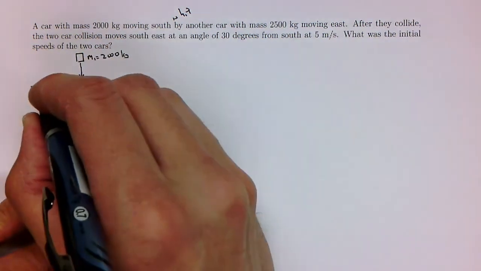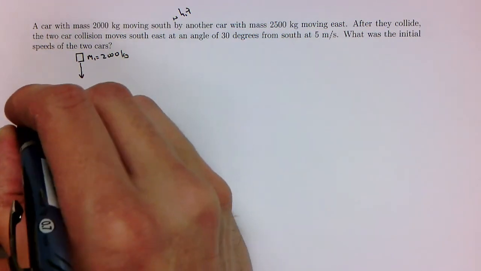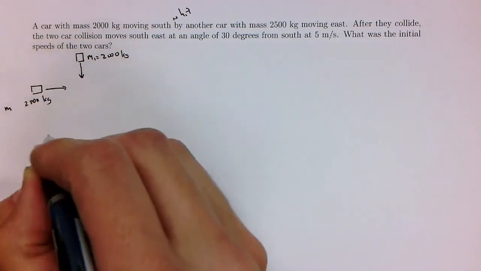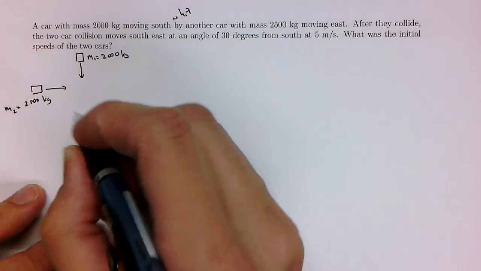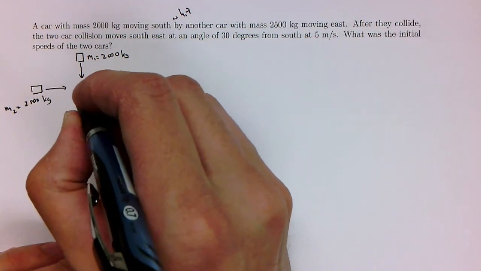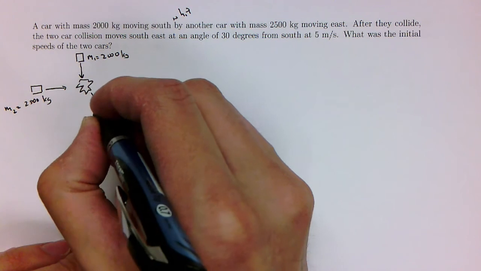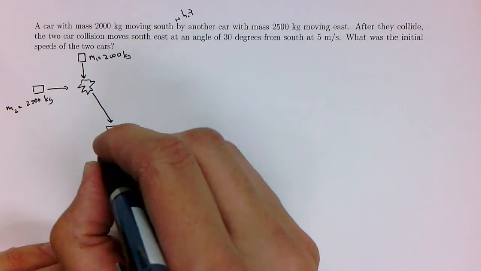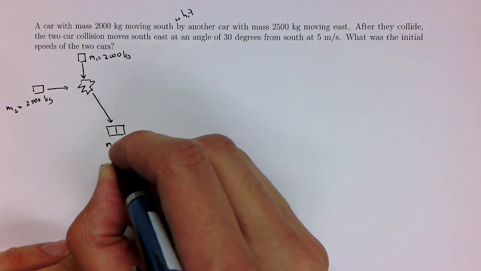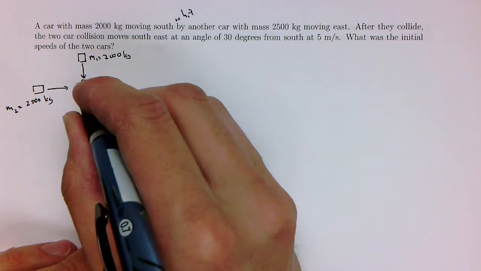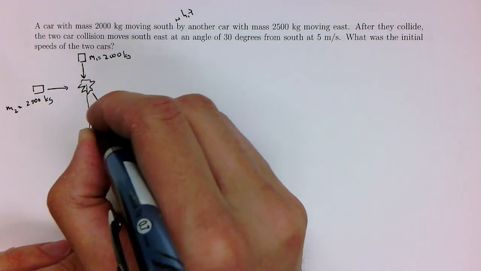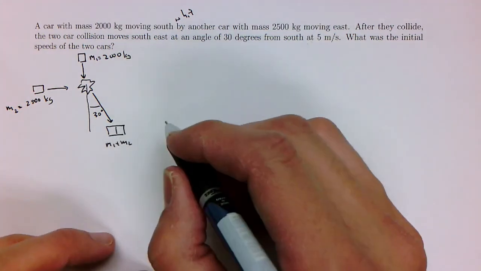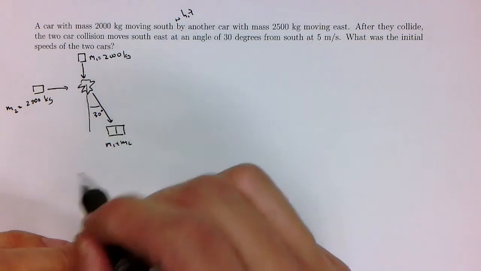Car 2 is moving east, M2 is 2,500 kilograms, and they collide, smash, and this final car moves together with a mass of M1 plus M2 at an angle of 30 degrees from south, so moving southeast. So we need to figure out the initial speeds of these two cars.